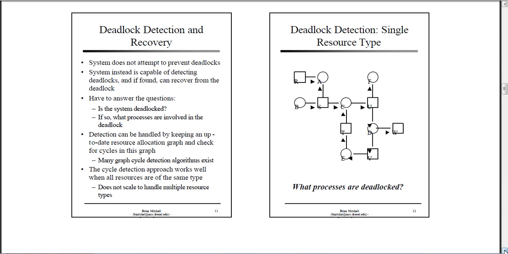Detection can be handled by keeping an up-to-date resource allocation graph and checking for cycles in this graph. Many graph cycle detection algorithms exist. The cycle detection approach works well when all resources are of the same type, thus it does not scale to handle multiple resource types. This is for deadlock detection with a single resource type.